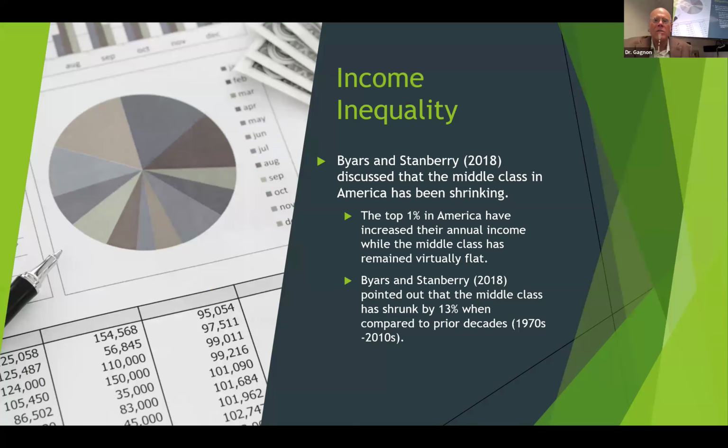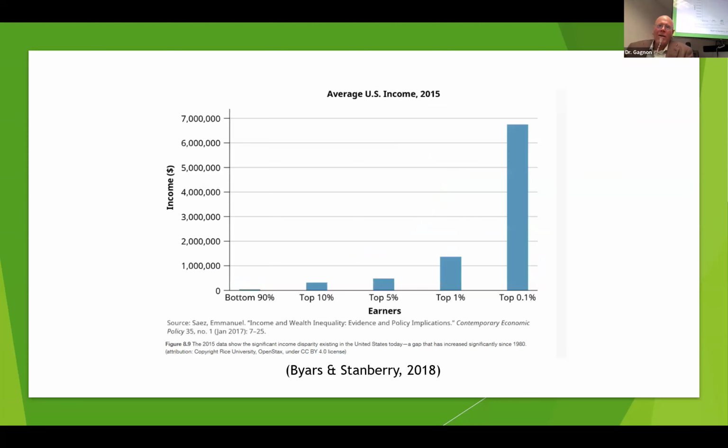Income inequality. Byers and Stanbury in 2018 discussed that the middle class in America has been shrinking. The top 1% in America have increased their annual income, while the middle class has remained virtually flat. The authors pointed out that the middle class has shrunk by 13% when compared to prior decades. Here's a graph that's basically just showing that the top 1% are holding a super majority of all the money.